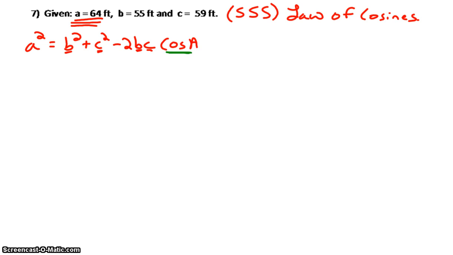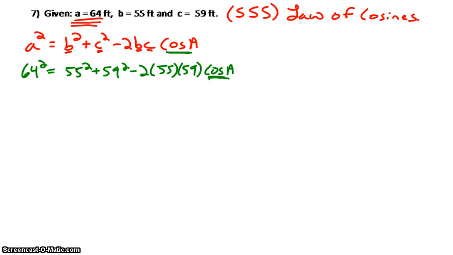So I do my substitution, and I'll have 64 squared equals 55 squared plus 59 squared minus 2 times 55 times 59 cosine A. Again, remember, we're going to solve for that A. So my next step, I find I have 4,096 on the left side of the equation.